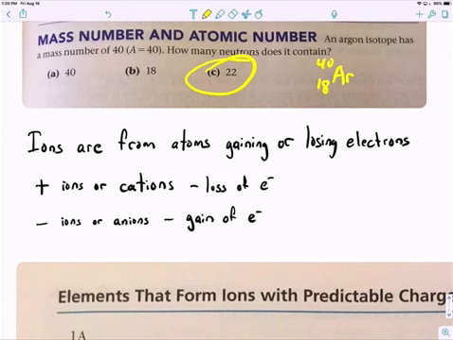And if you have a hard time remembering that, think of the T. I can't see that, I'll pick a different color. Think of the T as a plus sign. You still can't see that. Think of this T as a plus sign. The T in cation is the plus sign. So loss of electrons.